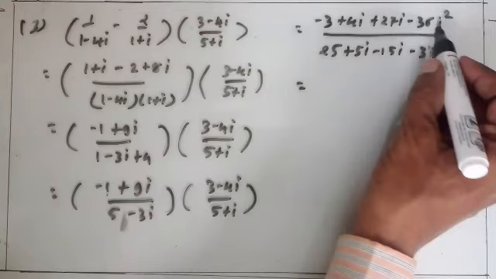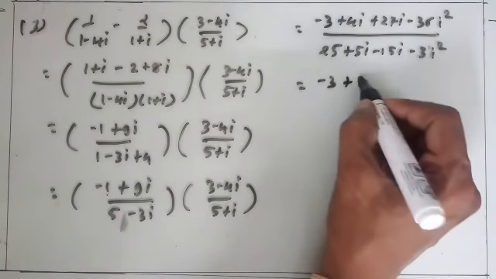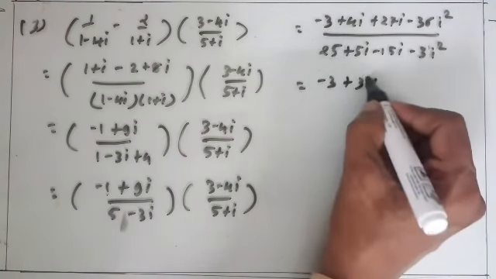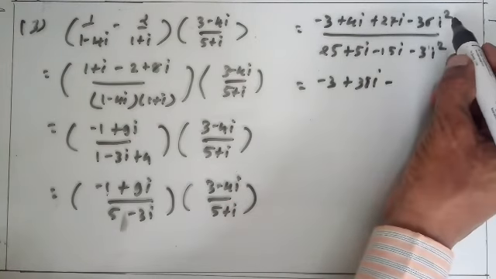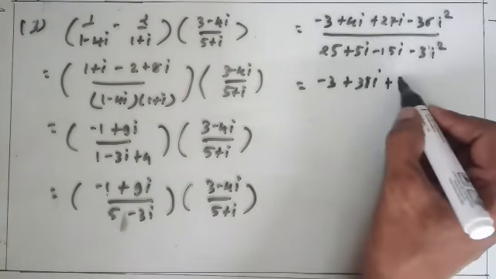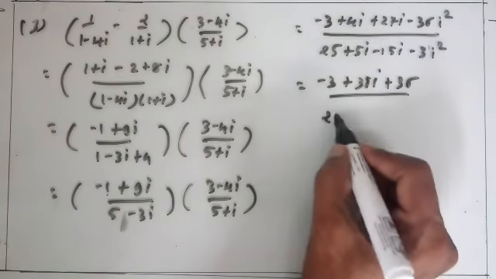Clear? Now simplify this. Minus 3, this becomes plus 31i. Okay, minus i square equal to minus 1, so minus minus becomes plus 36 upon 25.